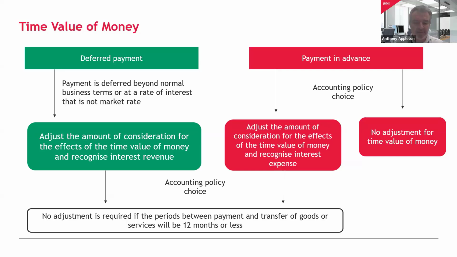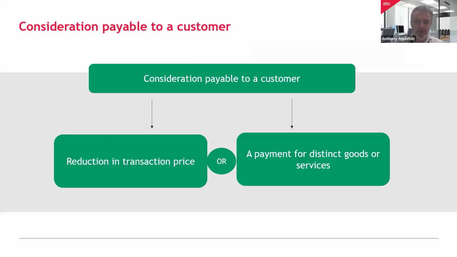Moving on to the next slide, please. And this is when the supplier makes some form of consideration to the customer. So whenever a supplier pays money back to its customer, you've got to consider in the first instance, what is that for? It is either going to be some form of reduction in the transaction price, or it's a payment for distinct goods or services.